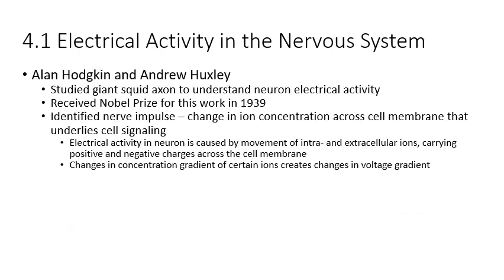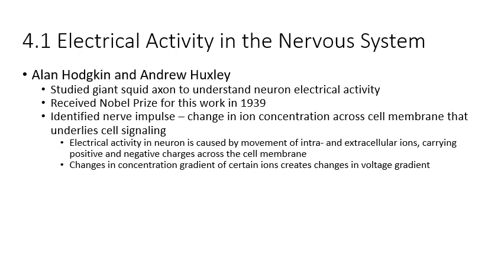Okay, and then Hodgkin and Huxley were very famous scientists who studied the axons of giant squid. Giant squids have these very large axons that make it easier to study them. And they used these giant squid axons to understand electrical activity within the neuron. They received a Nobel Prize for this in 1939. And they identified the nerve impulse, which is this change in ion concentration across the cell membrane that underlies signaling between cells.